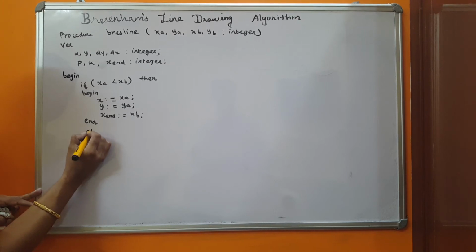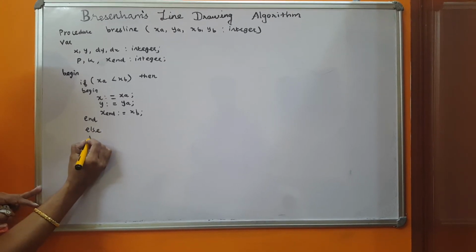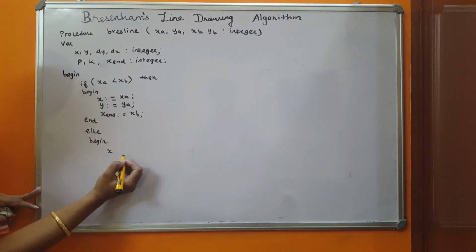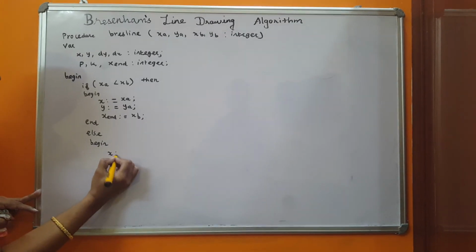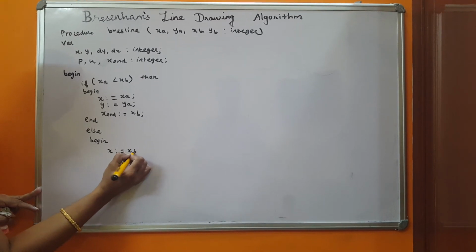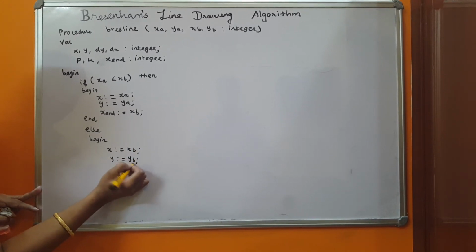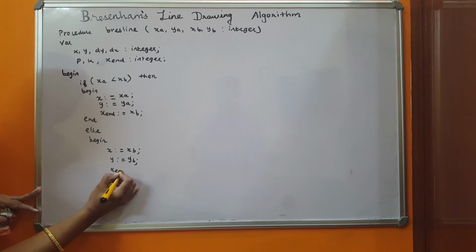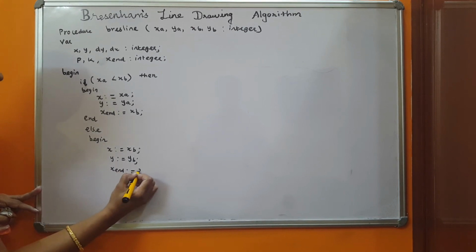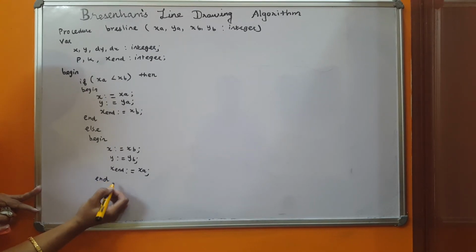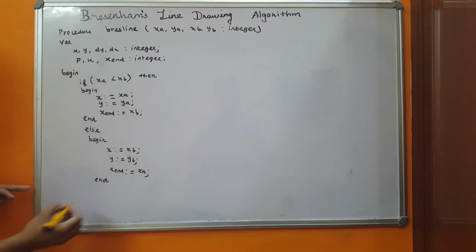Else, suppose XB is lowest value, we start from XB, y value YB, x end equal to XA. This step is used to find out the lowest value.